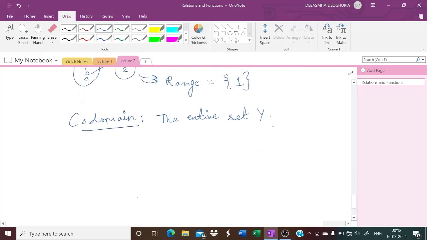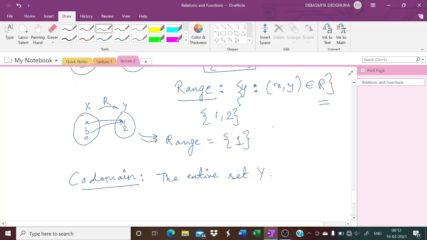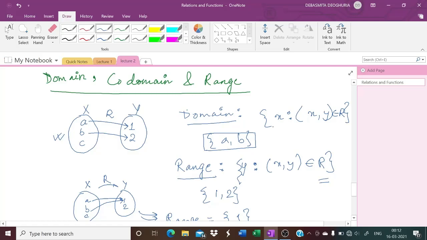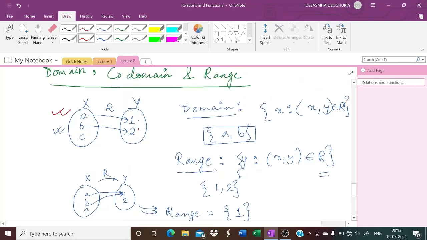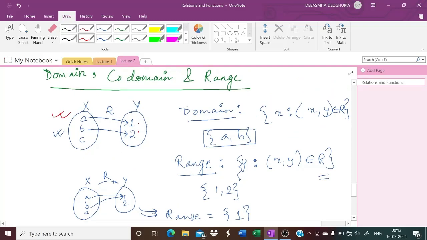In the first example, the codomain is equal to the range. These two are there in the range, and the entire set Y has only two elements, 1 and 2, so this would be the codomain as well. So your range is equal to the codomain.